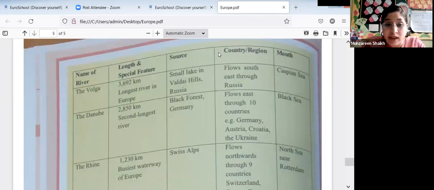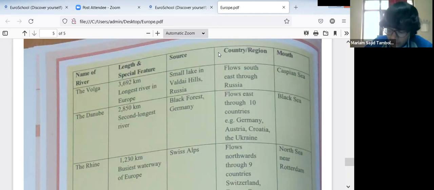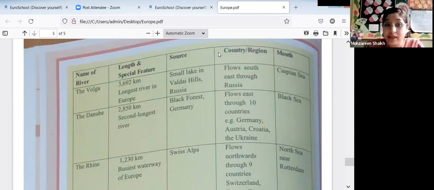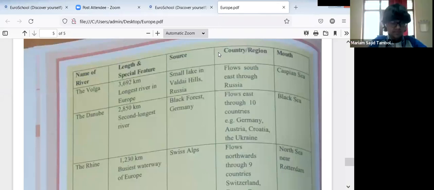So what is the length of this particular river, children? 3,692 kilometers. And this river is the longest river in Europe. Please underline this. This is the longest river in Europe, the river Volga. Clear? What is the source?